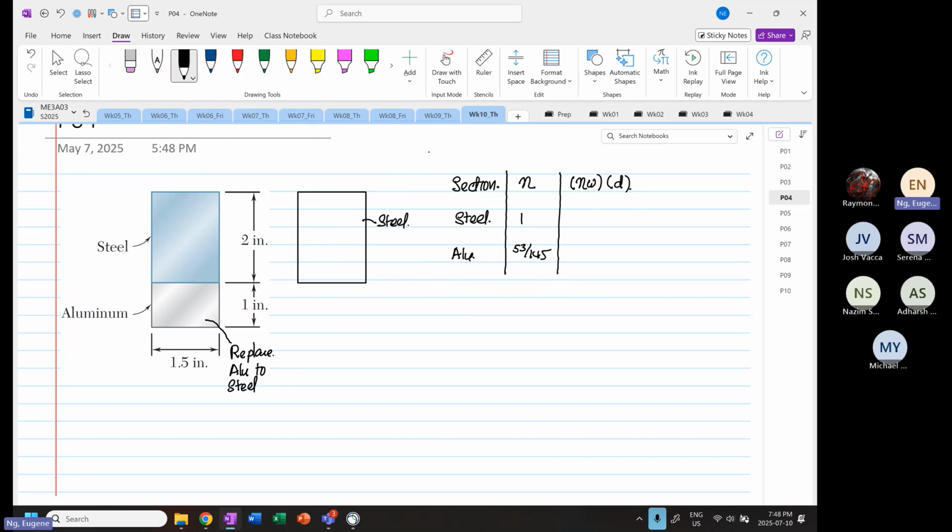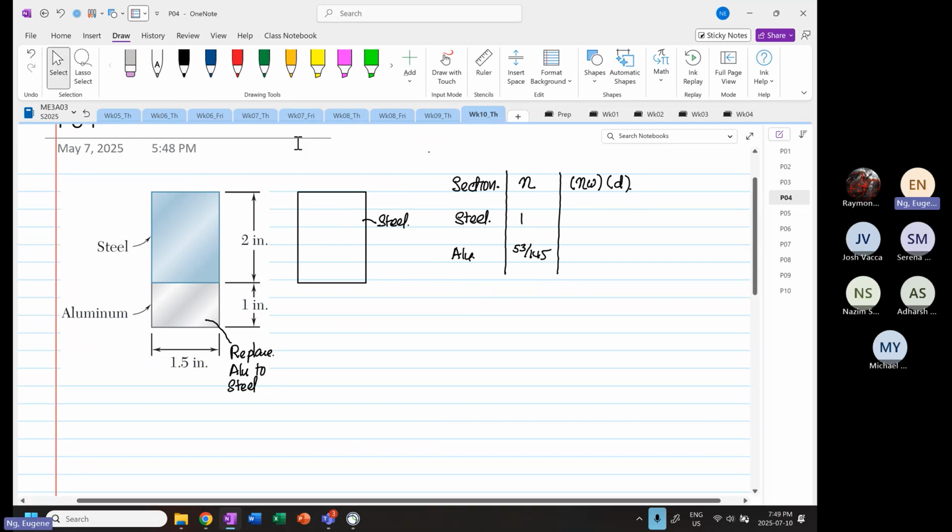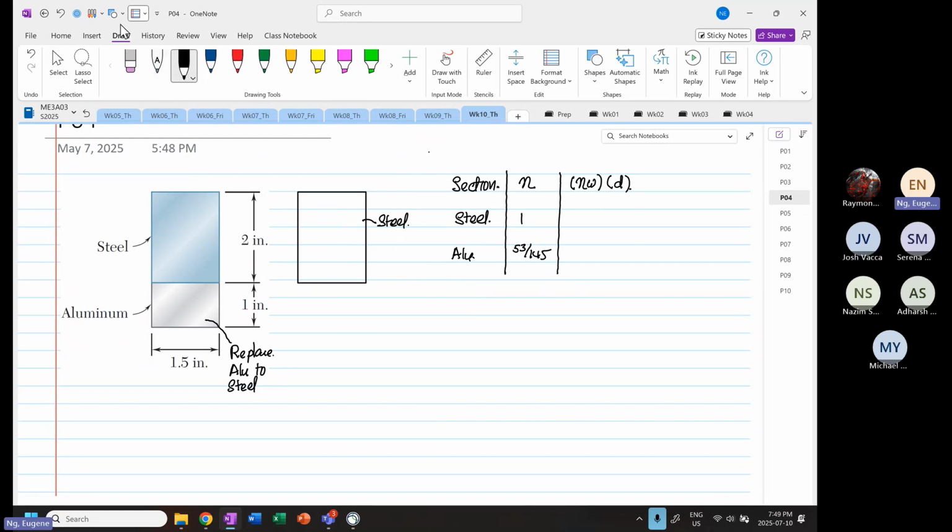Now, in order to replace the aluminum with steel without enhancing its property, what we did when we put in that coefficient is basically, okay, we replace the aluminum with steel, but now the thickness has shrunk.